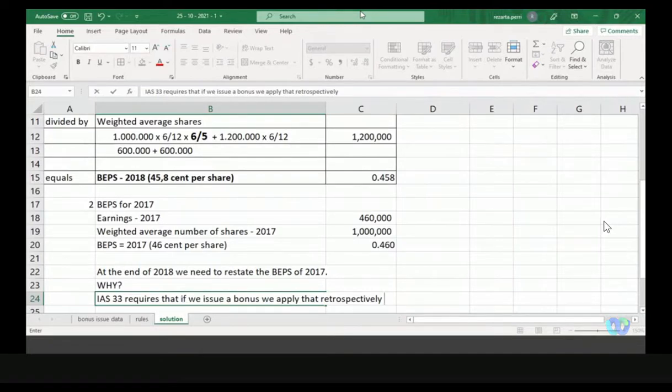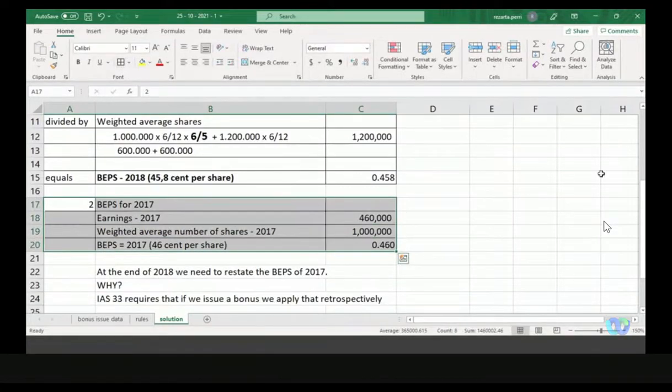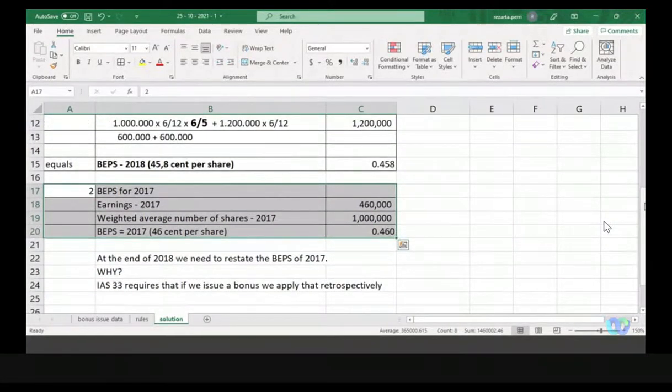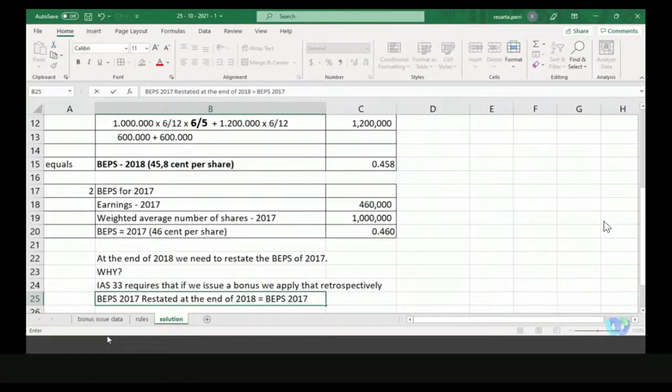But now, when we state the amounts for 2017, we will not report the basic earnings per share like this anymore. It will be a different amount than before. It will not be 46 cents per share, but the basic earnings per share for 2017 restated at the end of 2018 will be equal to the basic earnings per share as stated in 2017 multiplied by the inverse of the bonus fraction.